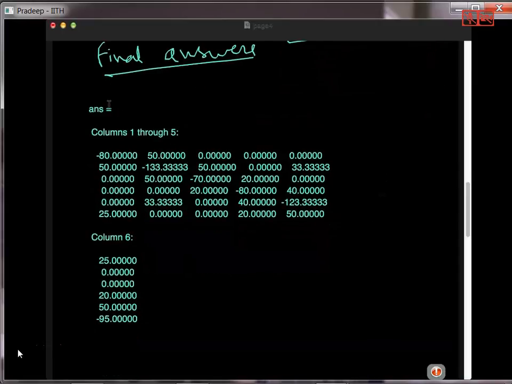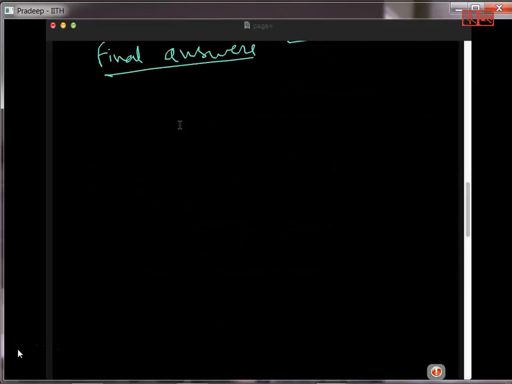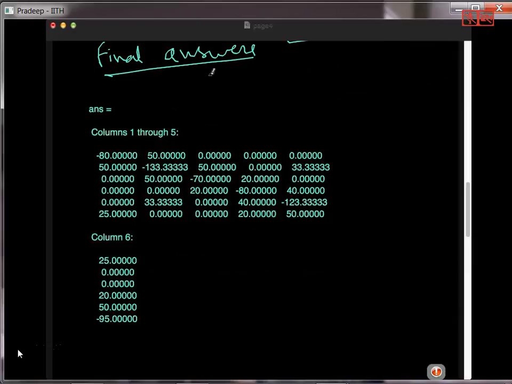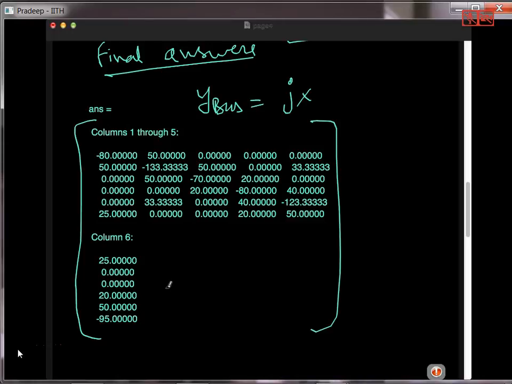So this is Y bus equal to J into this matrix. Of course these are columns 1 to 5 and this is column 6. I hope you are able to solve this.